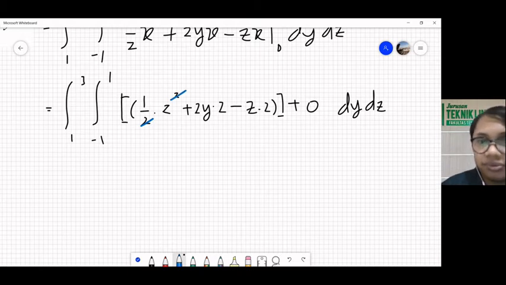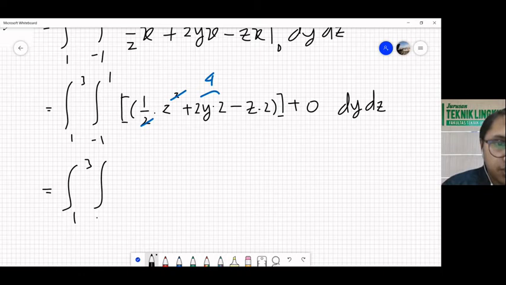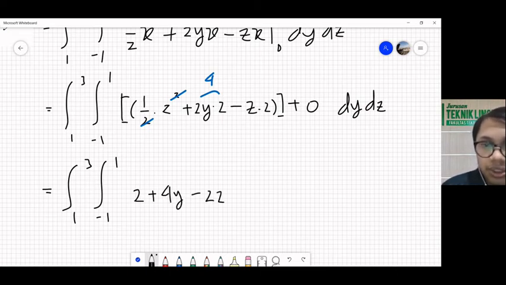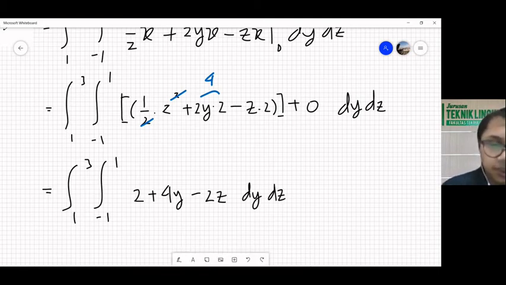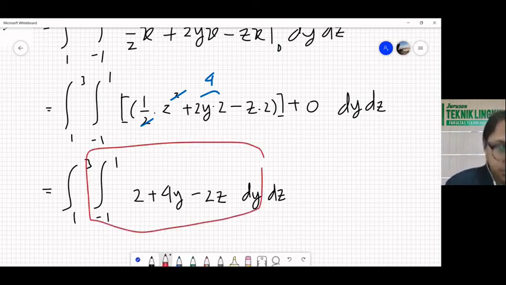Okay, we try to solve this. So we have 2, then it's 4y, then the function becomes 1, 3, minus 1, 1, and this one is 2 plus 4y minus 2z dy dz. Now we try to solve this part.